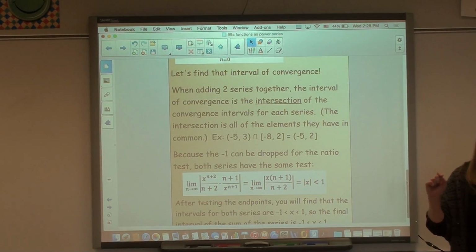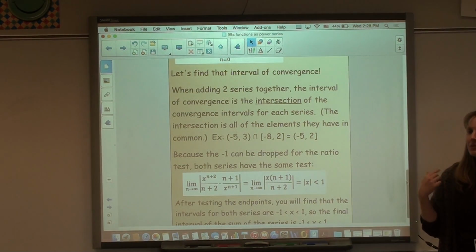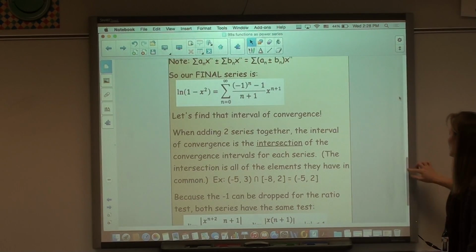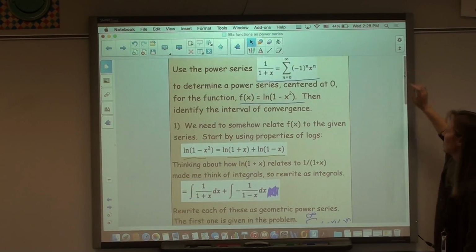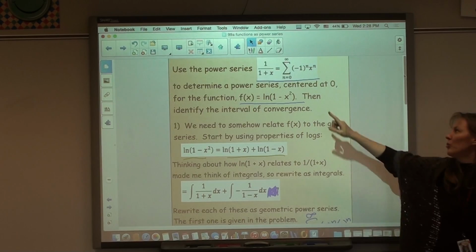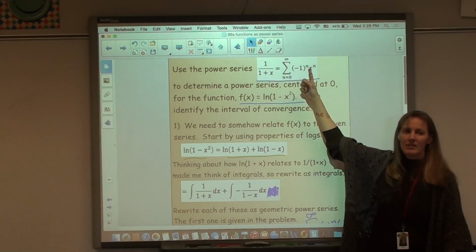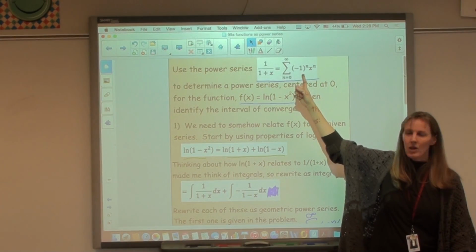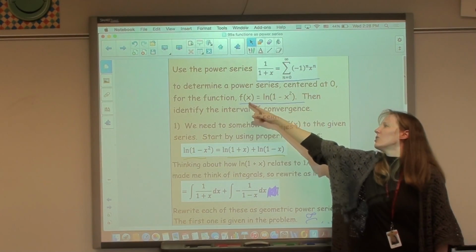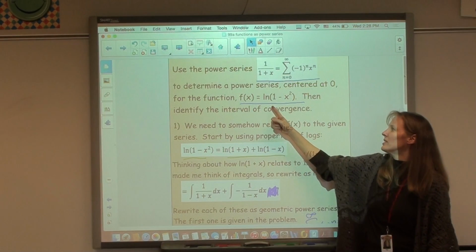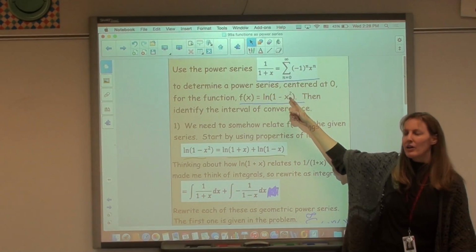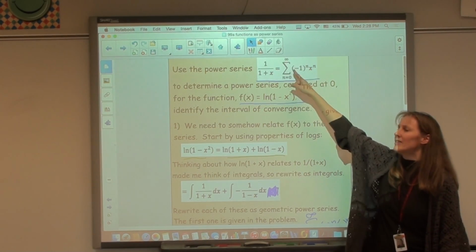Now, I'm going to walk you through in 2 seconds what we did, and then I'm going to bridge this to what we're doing tomorrow. So, just to recap, here's what we just did. We were given this sigma series for 1 over 1 plus x. We used this to find a series representation for natural log of 1 minus x squared. Somehow you have to relate this to that.